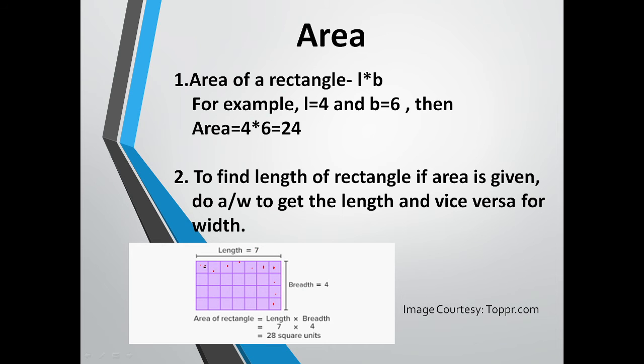This row has 7 squares, the second row has 7 squares, the third row has 7 squares, the fourth row has 7 squares. So it is 7 plus 7 plus 7 plus 7, so we do 7 into 4, where 4 is the breadth, 4 columns.